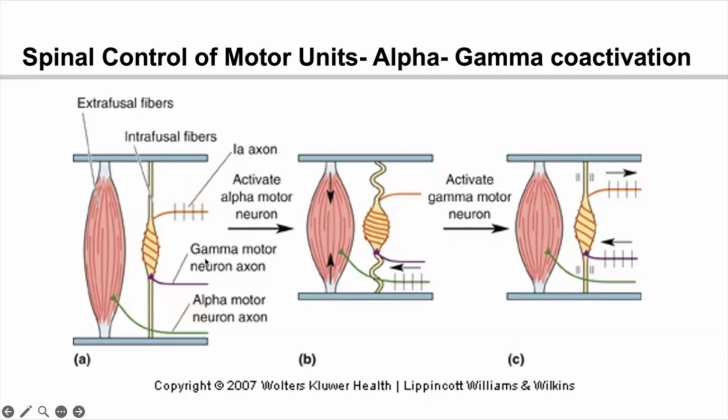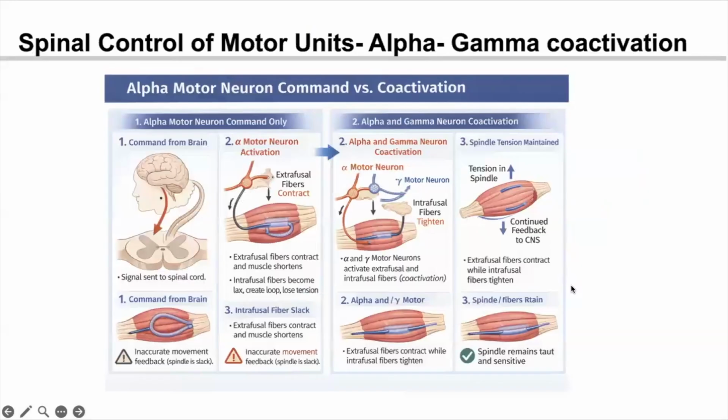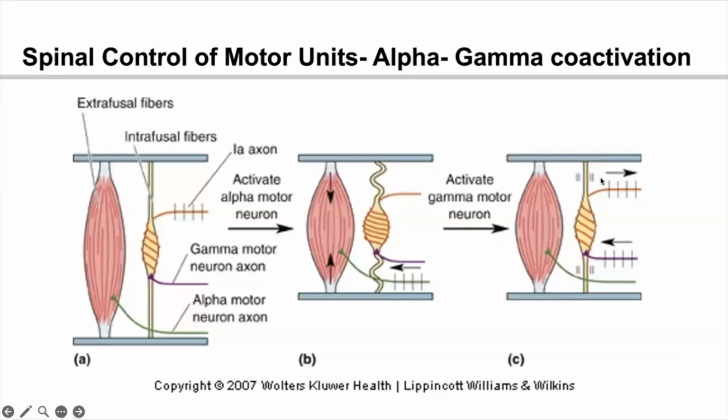For this very reason, there is the gamma motor neuron. These gamma motor neurons and alpha motor neurons innervate at the same time so that the slack formation does not happen. The alpha motor neurons act, the gamma motor neurons act, and this causes contraction, but the slack formation is inhibited by the gamma motor neurons in the intrafusal membrane.